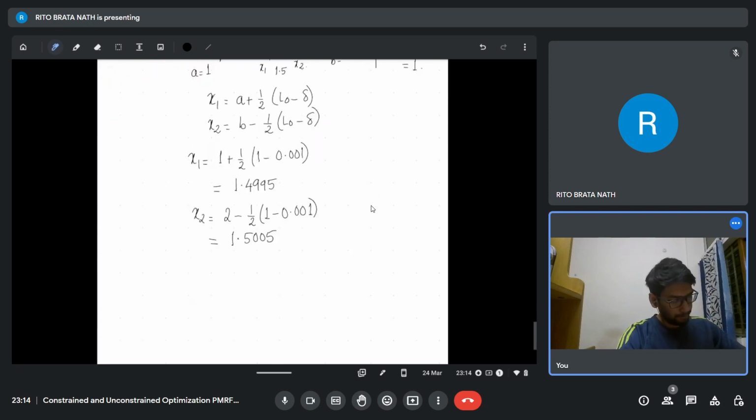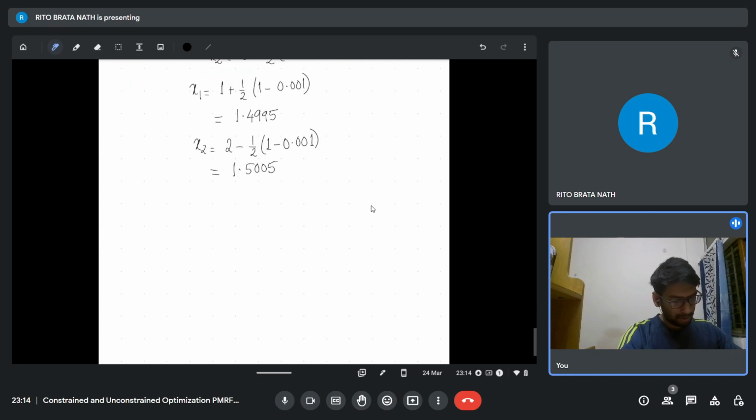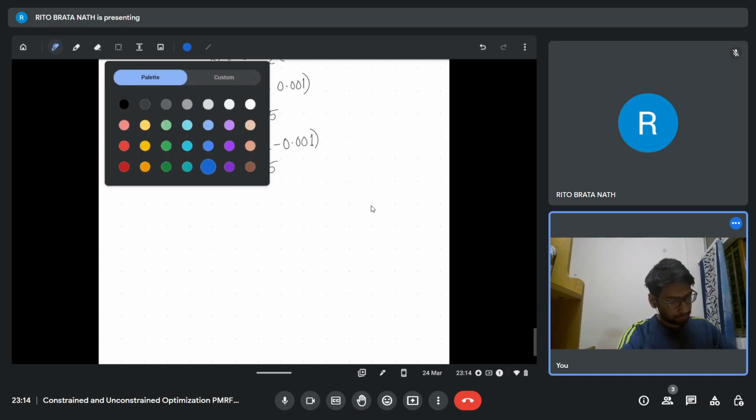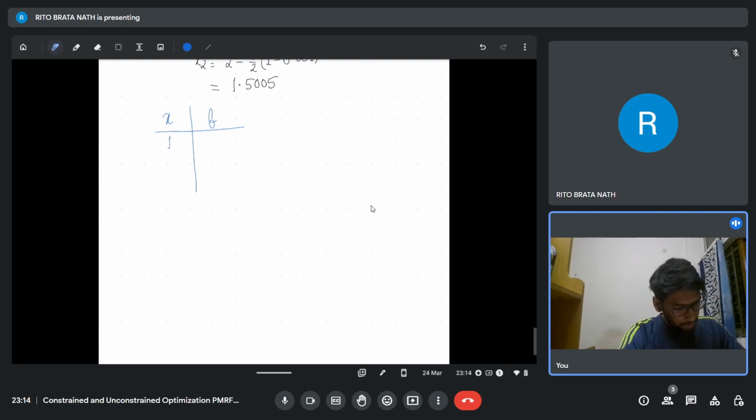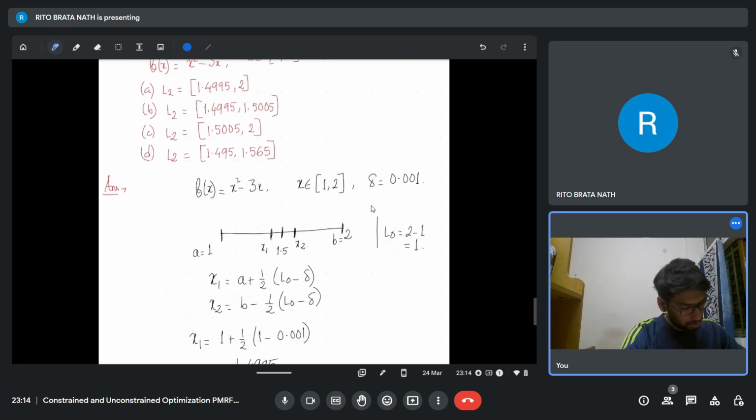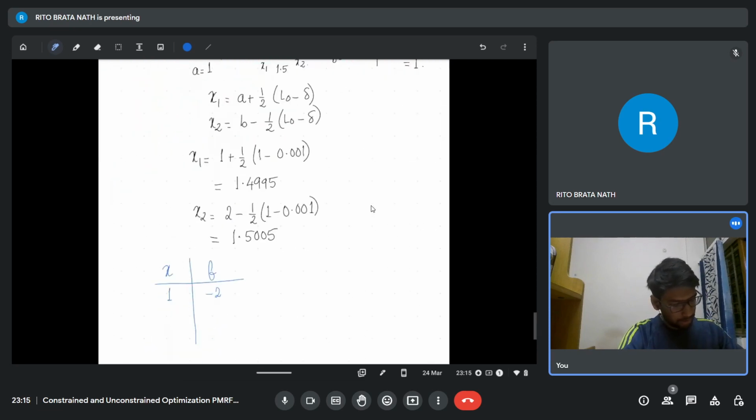So let me do this. I can create one table. So this is your x values, and this is your f values. So x is 1, and then the function value is minus 2. So if I'm not wrong, yeah, that's fine.